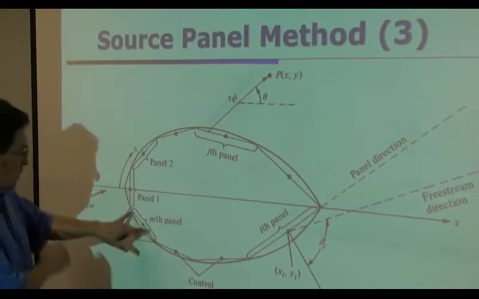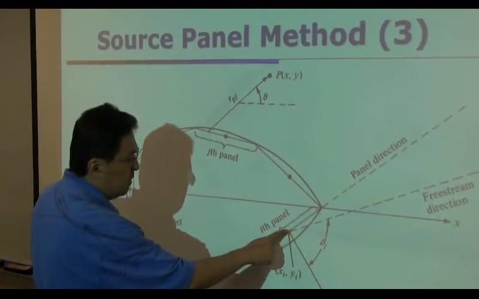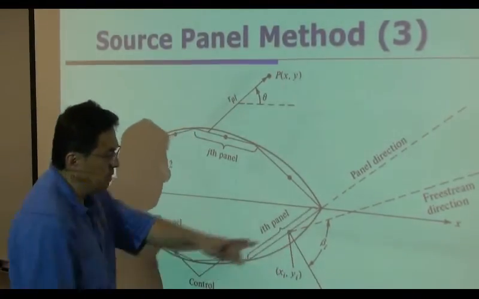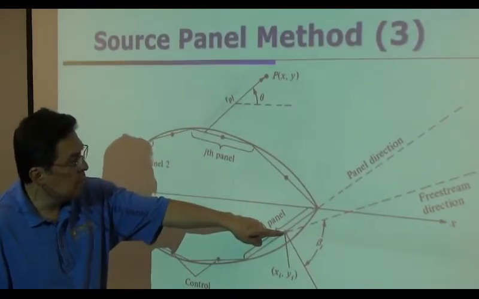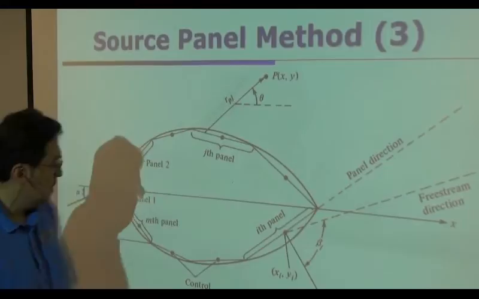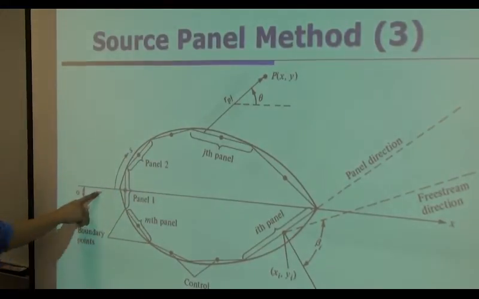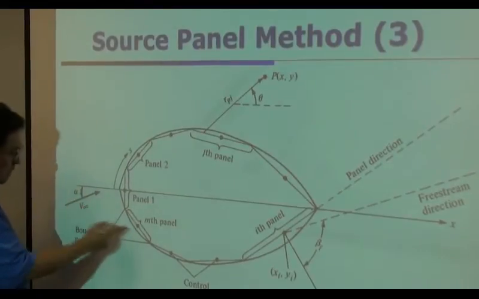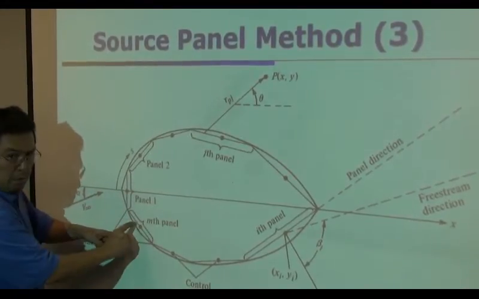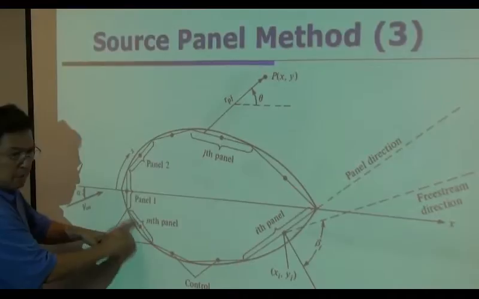At each panel, you are choosing the centroid of each panel location, which is called the control point. At the control points, you are going to cancel out the velocity from freestream's perpendicular component, perpendicular to the surface, which is equal and opposite to the velocity induced by this particular panel.